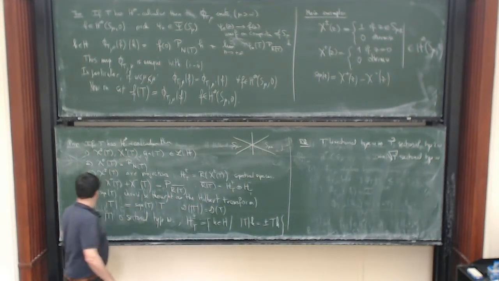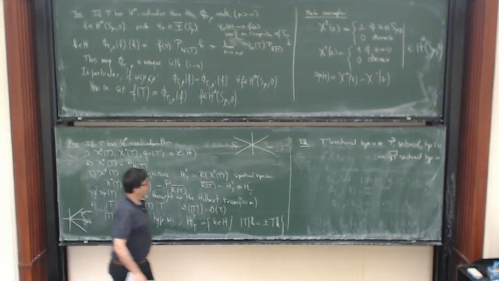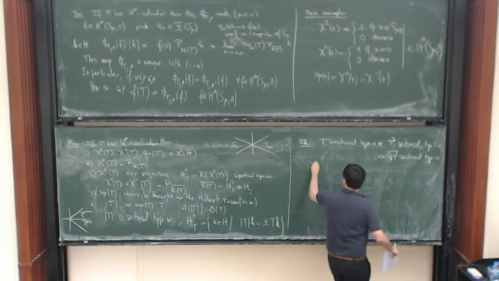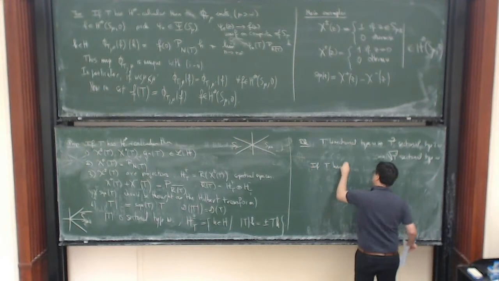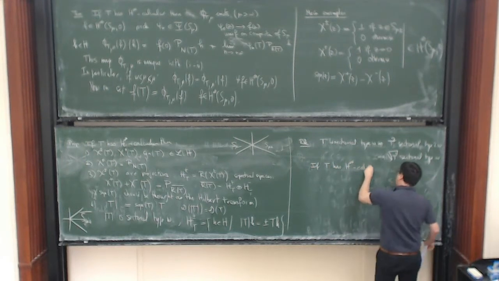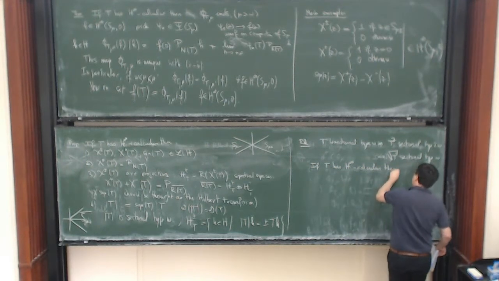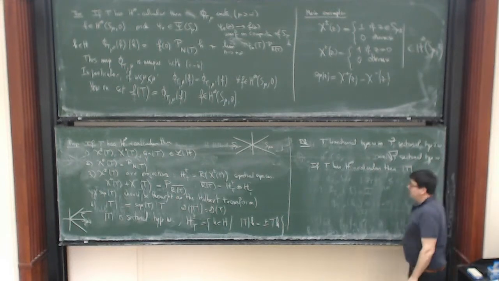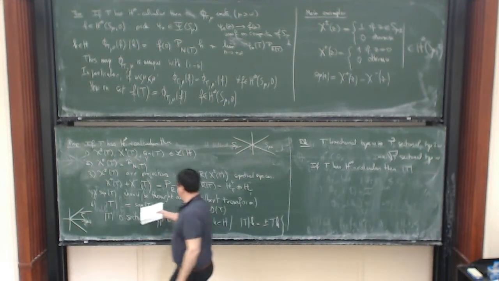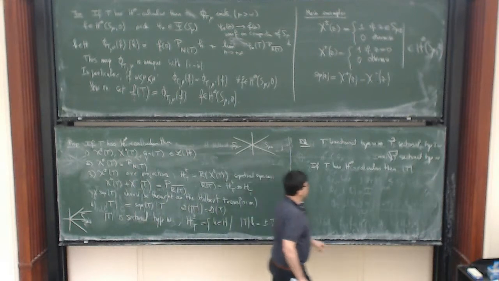But on top of that, if you have H infinity calculus, then this operator mod T, that is now defined by this formula, is equal to the square root.